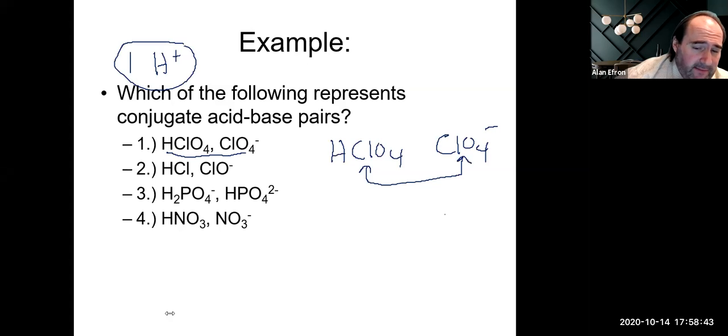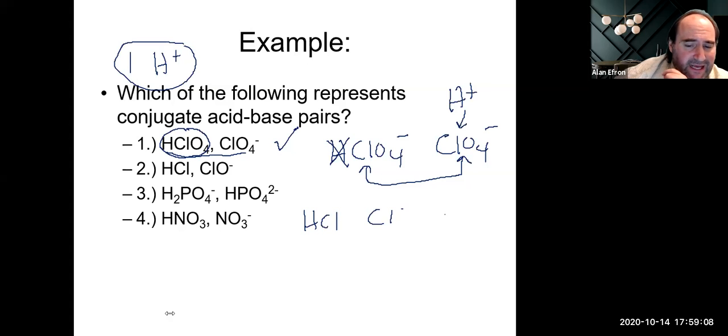You could think about taking away the H, and when you take away the plus, you become one more negative. Or you could put the H plus onto this guy, and you'll end up with HClO4. So these are related by just one H plus, which would make a conjugate acid-base pair. Second one is HCl and ClO minus.